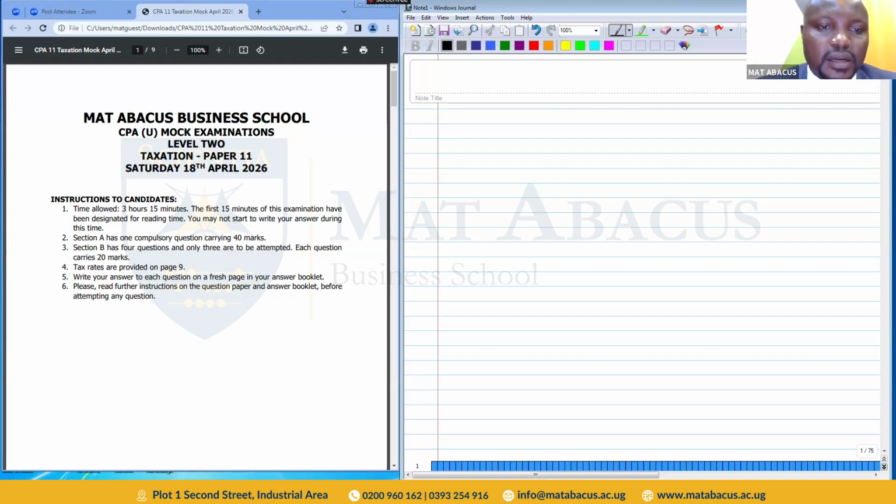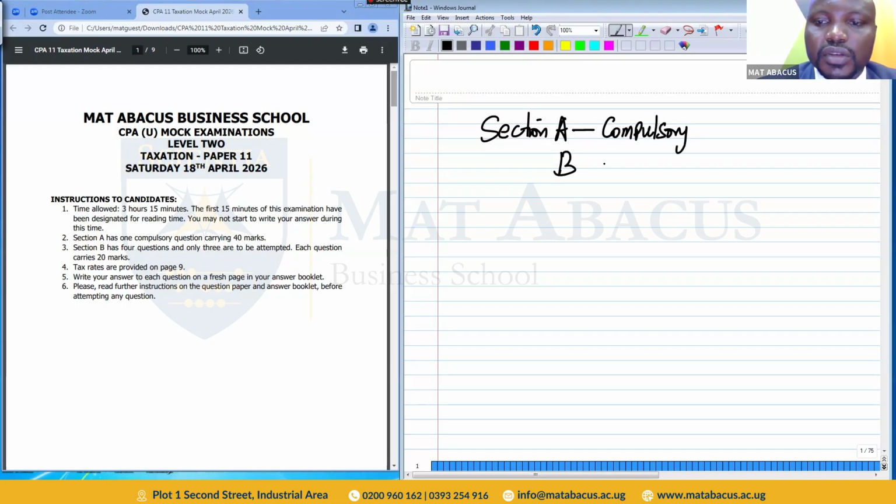The exam is on level 2 and it takes 3 hours to be done. It has 2 sections, section A and section B. Section A is compulsory and section B is optional.